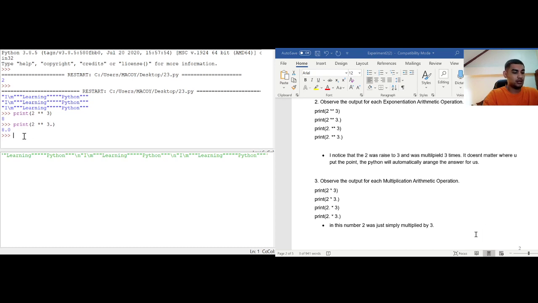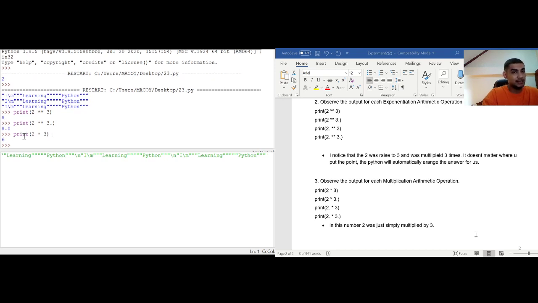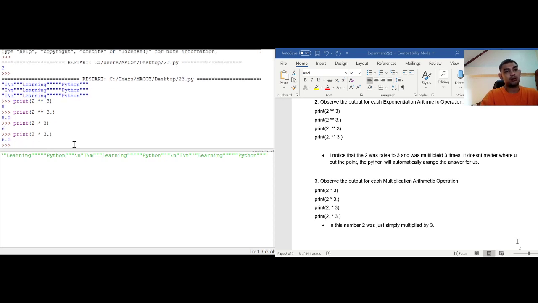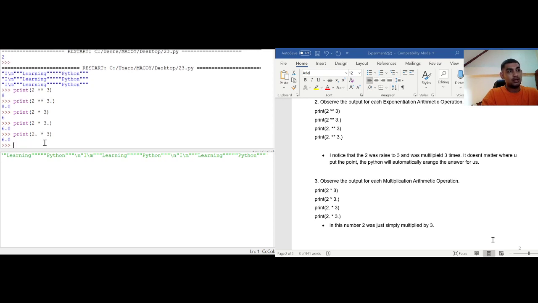So for string number 1, we have 2 times 3, and the answer will be 6. As I told earlier, it doesn't matter where you put the point. If we put the point after the 3, it will result in 6.0. If we put the point after the 2, it will have the same outcome. In this one, 2 was just multiplied by 3.